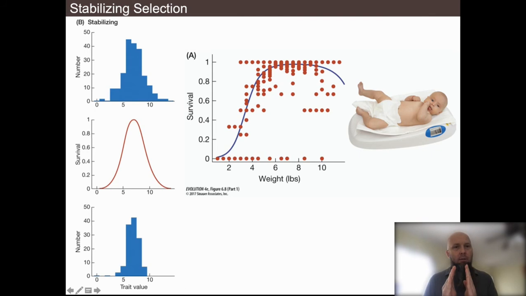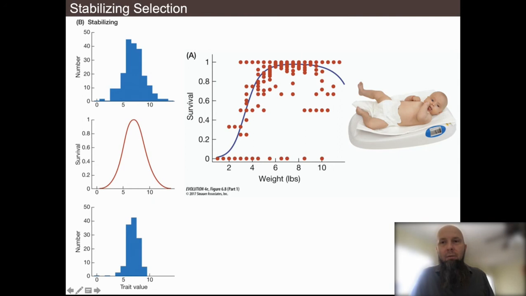Average is best, okay? Extremes have lower survival and lower fitness. And so what happens under stabilizing selection is the population stabilizes around some optimal average value. And you can see that in the bottom graph, okay? We are removing extremes from the population and the distribution becomes narrower and narrower.